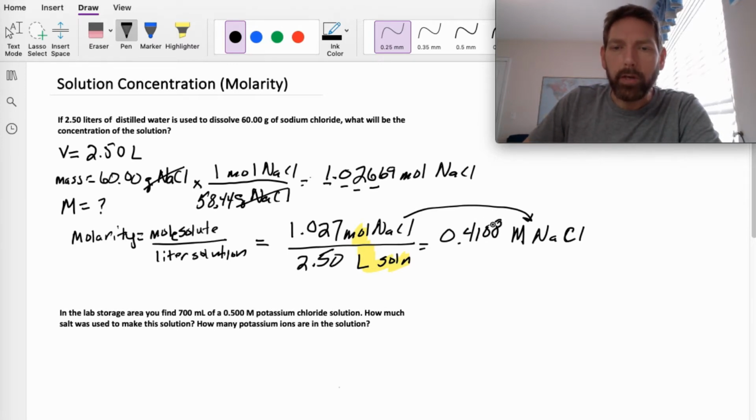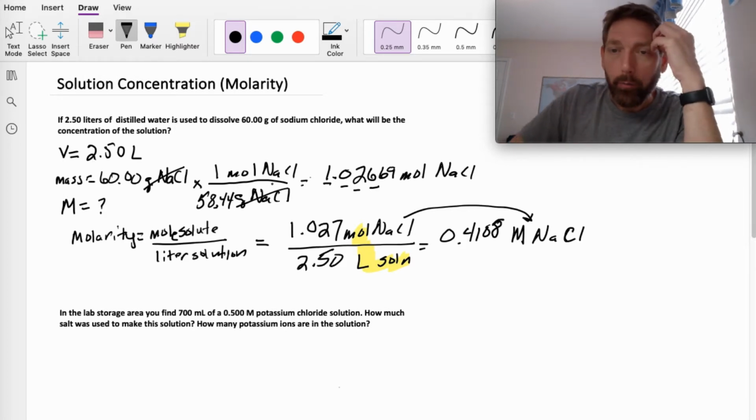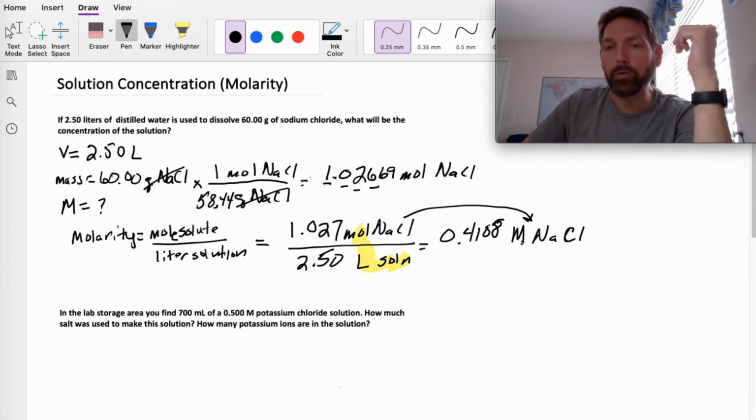And you see here that we've got 4 sig figs in this answer. And let's see, so there's 4 sig figs here. 60.00, that's 4. 2.50, that's 3. So remember, the rules are when you multiply and divide, the final answer you want to have the least sig figs possible of your original measured values.